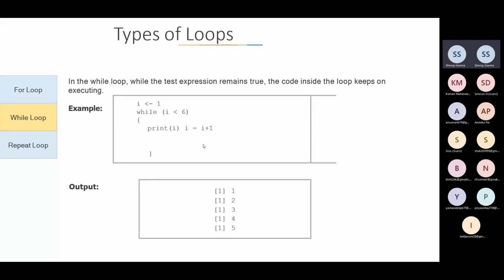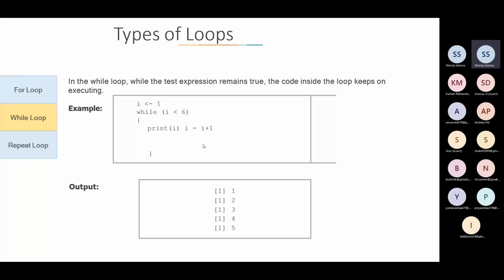It will run up to I is less than 6. While means this condition must be satisfied: till the statement is true, run the loop. So you have to declare the condition and the loop.